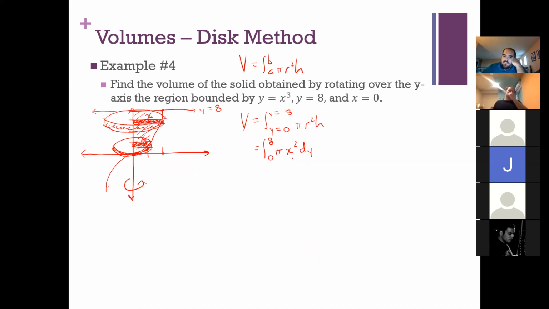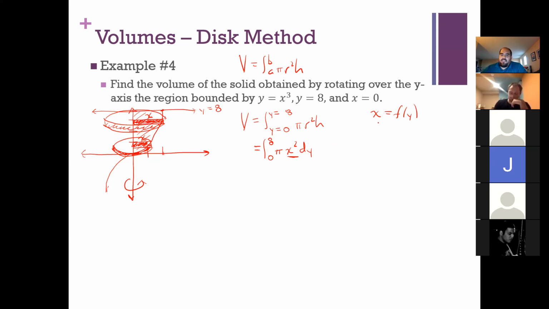So now what I have to do is my next step here: I've got to express this x in terms of y. So how would I express x in terms of y? Because really x is going to be a function of y, which is the opposite of how I think you're used to looking at that. But that's our situation.